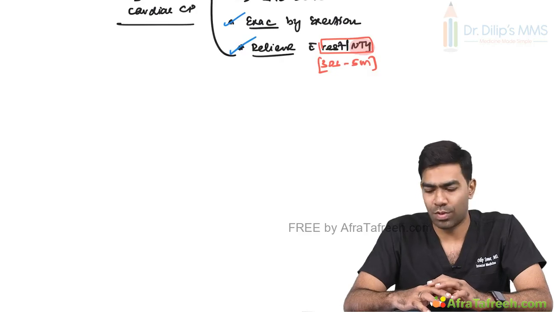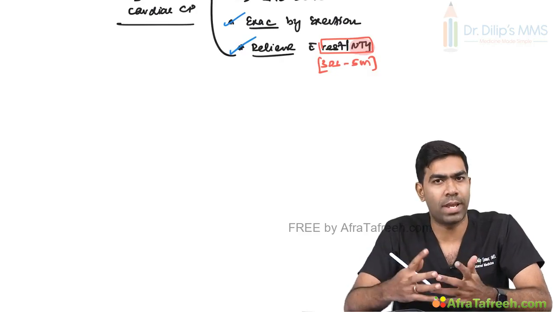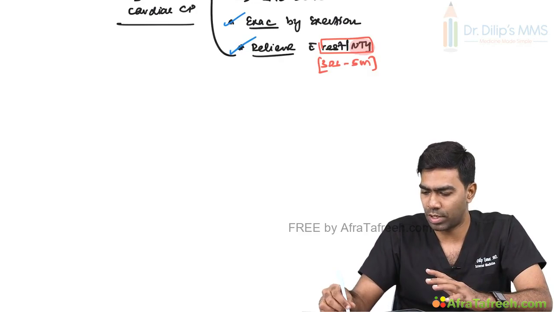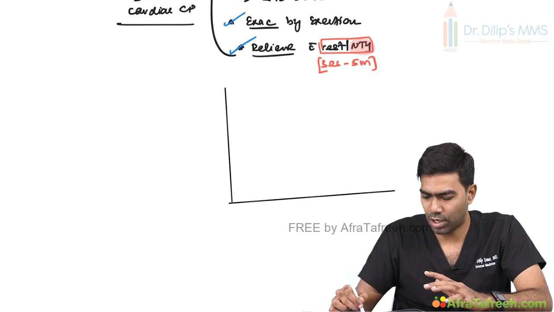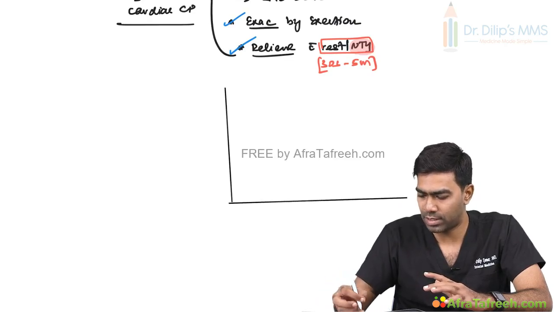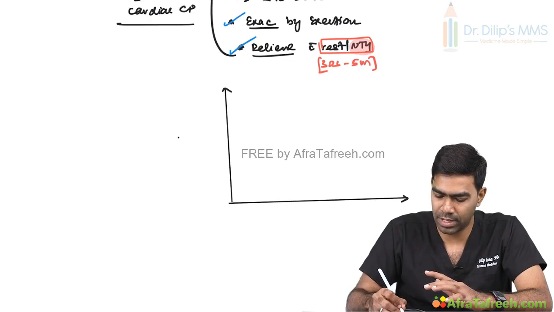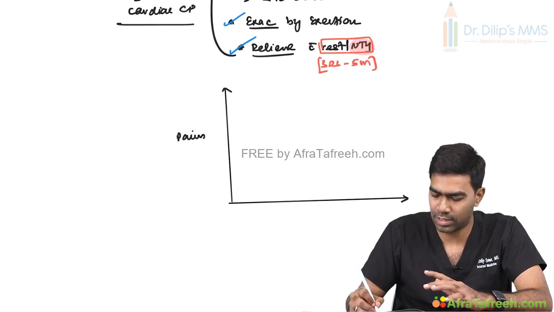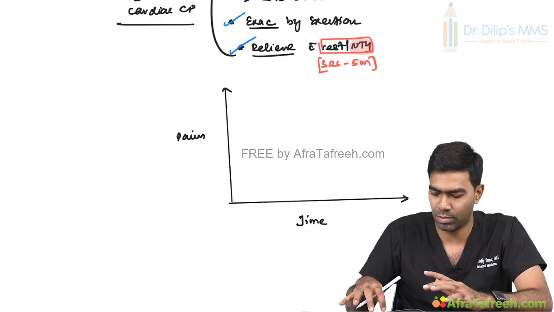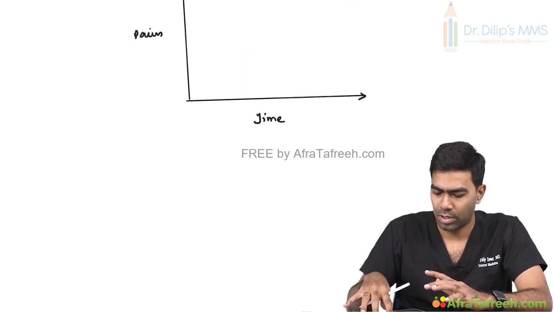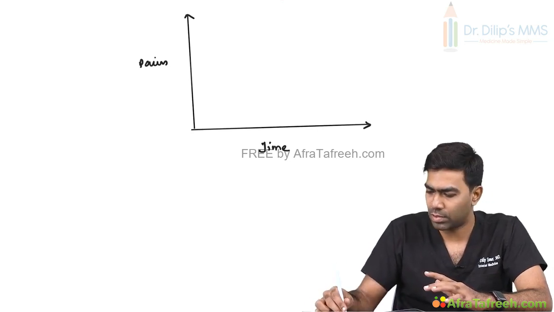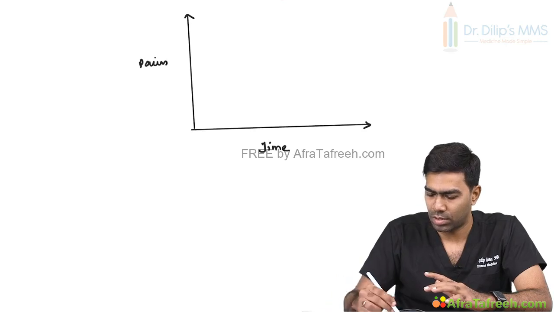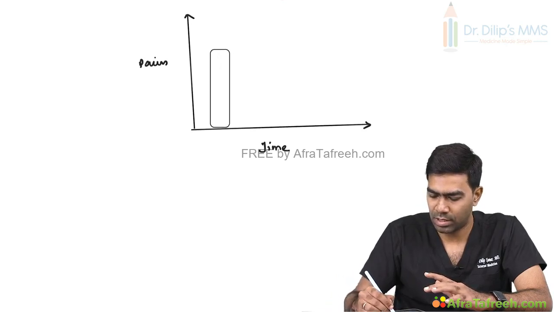And apart from this, if you want to really plot how the pain of a chronic stable angina patient will be, let me put a graph so that you will understand much better. On the y-axis, let us take the pain scale, and on the x-axis, let me put the time over a period of time. So when you take a chronic stable angina, the patient will be getting the same amount of pain every time. It's a fixed pain.